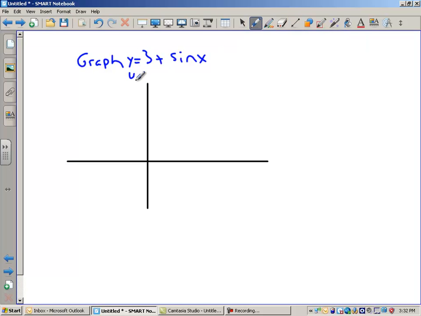So instead of having a sinusoidal axis here on the x-axis, I'm going to draw it up here at 3, and I'm going to do a little dotted line here to represent the 3 plus. Now I haven't affected the period at all, nor have I affected the amplitude, because I didn't multiply in front by anything, or put a coefficient on the x either. So my amplitude is still 1, and my period is still 360 degrees.